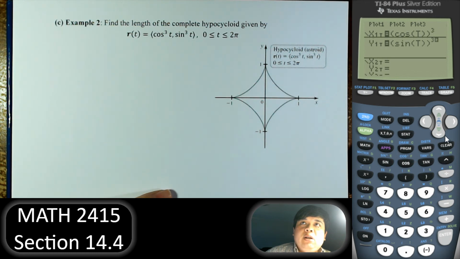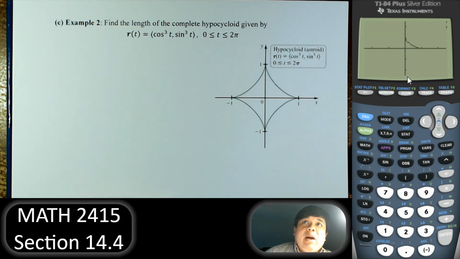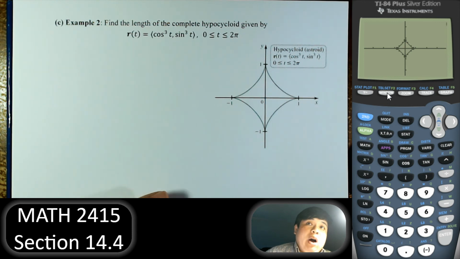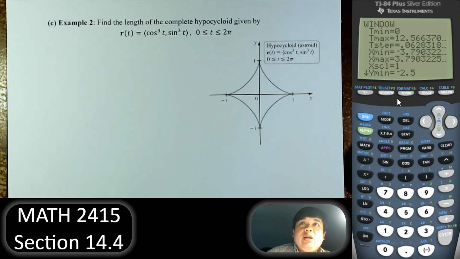cubed, and then graph. We might have to zoom in or zoom out. I zoomed in already. I will use zoom square, so it will look a little better. So it looks like that. It looks like a square, but if we want it to be a little better with the window, let's go from 0 to 2 pi.